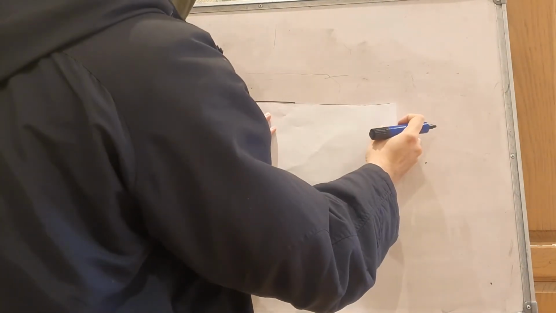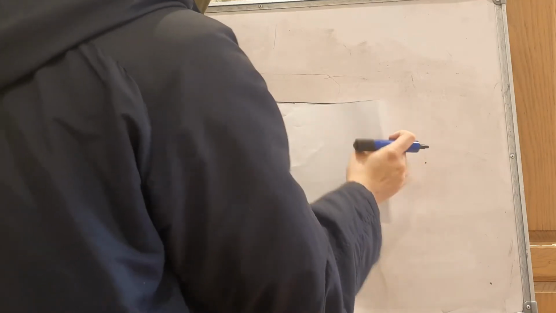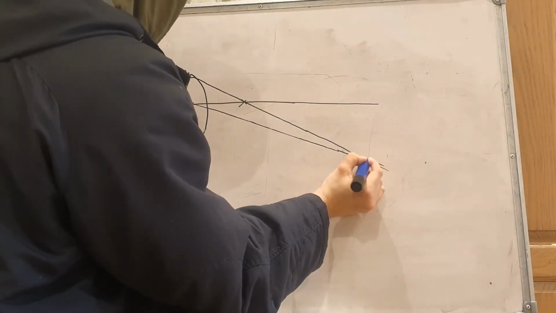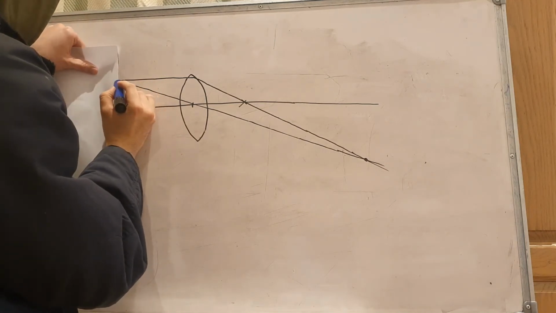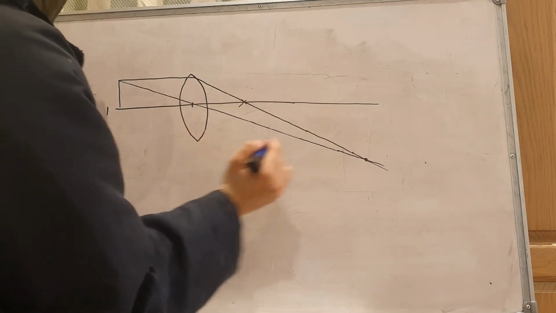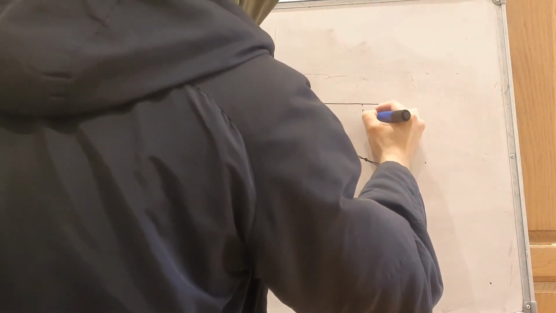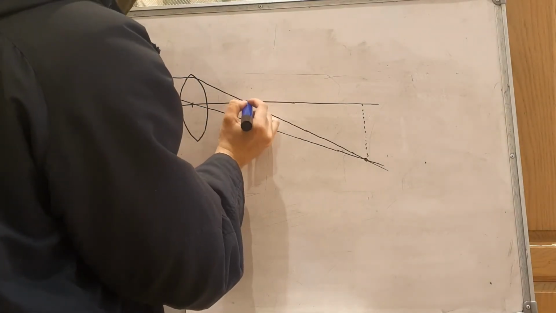And if we extend this line over here, so here it meets there. So this was the image, let's just say. And this is, say, the focal point.